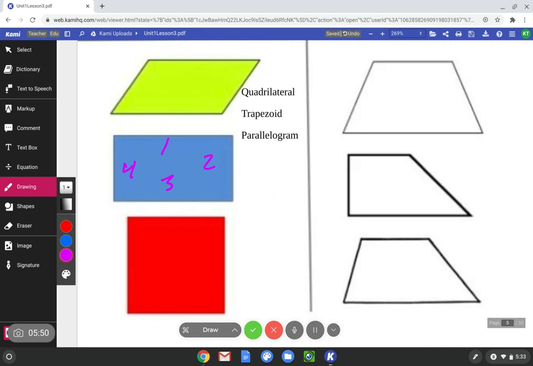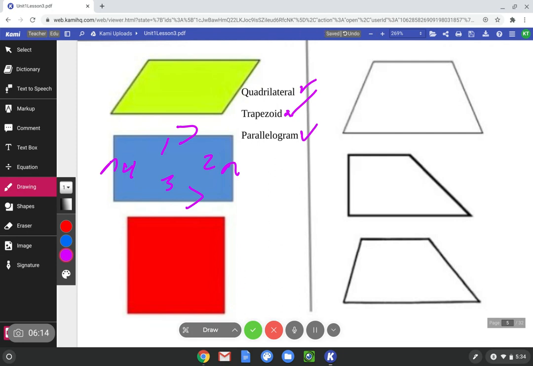A quadrilateral. Okay, well, can you be more specific? Okay, well, I see parallel lines. So I can get closer and say it's a trapezoid. Okay. And some more attributes that I'm seeing is that it has a second pair of parallel lines, which means it's in the parallelogram family.